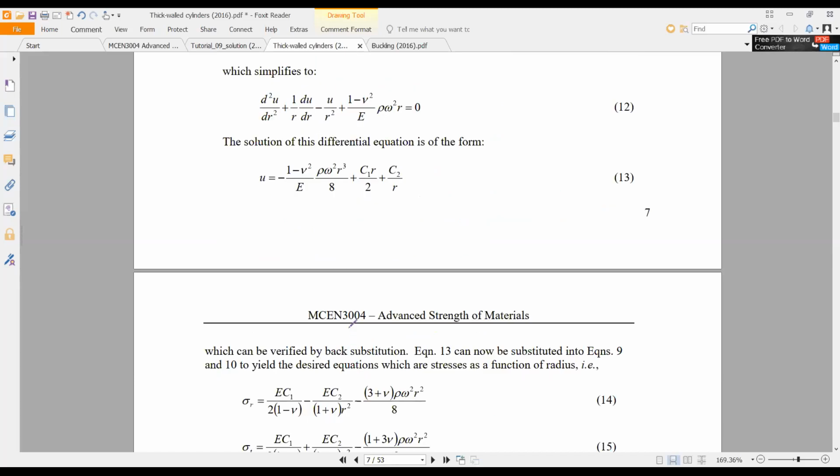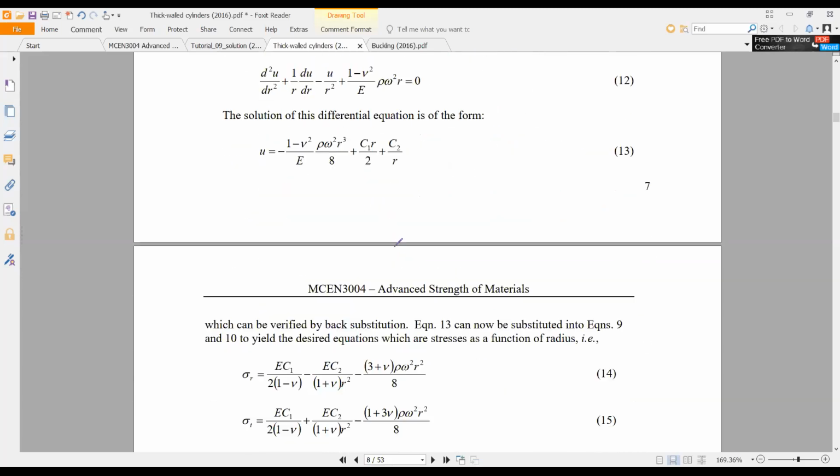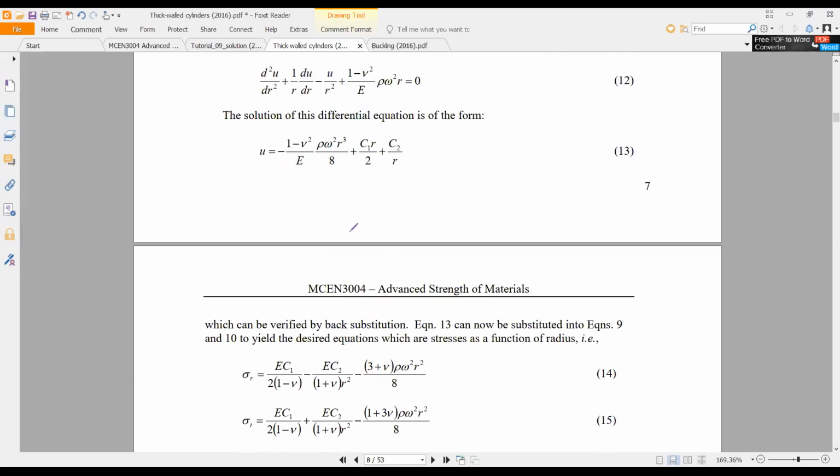When you are going to find out C1 and C2, we know the u value now, the function of u. u means the displacement. So we know the displacement now. So what we can do, we can introduce that displacement value, u value. So you have the equation in here.